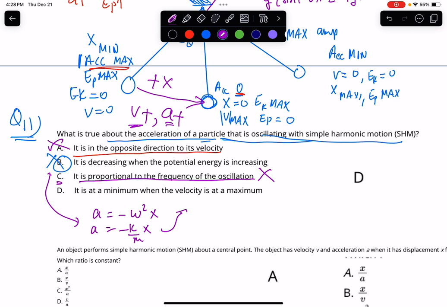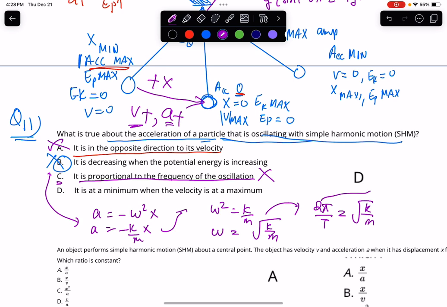So we were able to understand that omega squared is equal to k by m, and so omega is the square root of k by m, and we knew that omega is 2 pi by T. And so we were able to derive that T is equal to 2 pi square root of m by k. Okay?